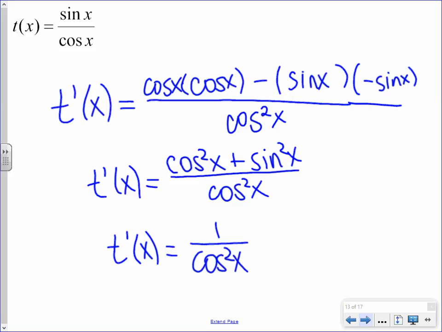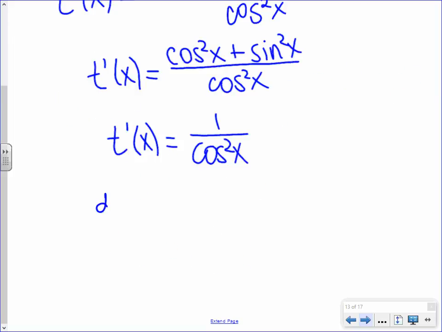Now, does anybody recognize what our original function really is? It's tangent. What's another way to write 1 over cosine squared?